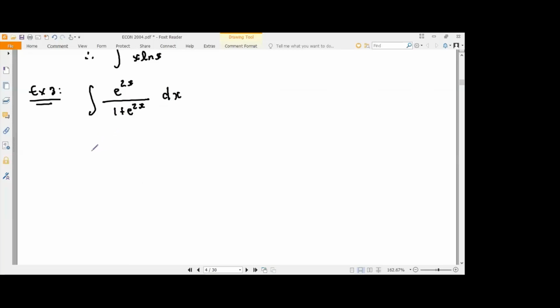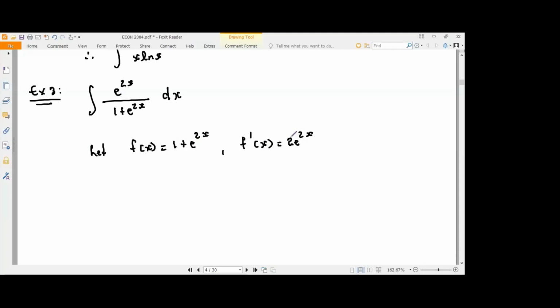So what I'm going to do is let f of x equal the denominator. So I'm going to get 1 plus e to the 2x. Now, when I differentiate this, I'm going to get that f prime of x, when I differentiate 1, that gives me naught, which is 0. When I differentiate e to the 2x, it's going to give me 2e to the 2x.